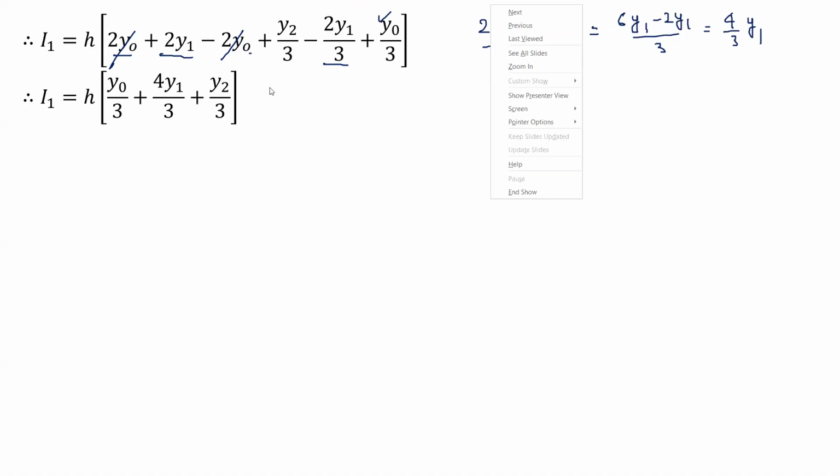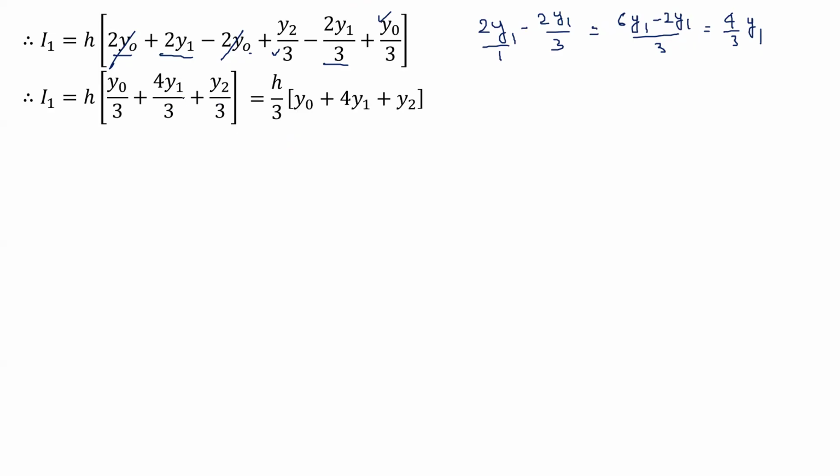Third, we have y2 by 3. Now from this we can take 1 by 3 outside. So we have h by 3 times y0 plus 4 y1 plus y2. This means we require 3 verticals, y0, y1 and y2. So we have the value y0 plus 4y1 plus y2, and after this we always require 2 more.